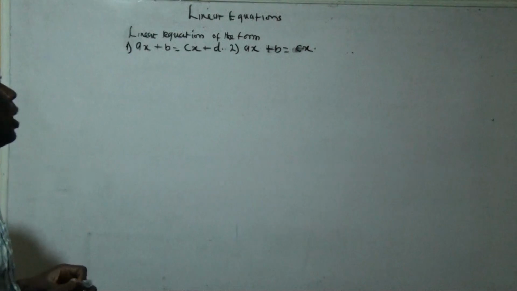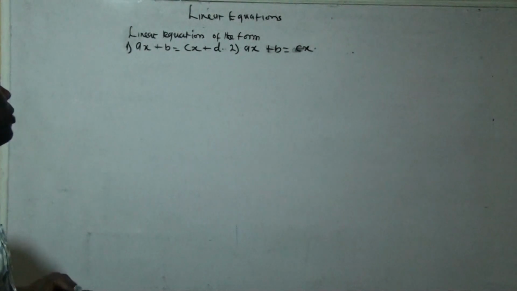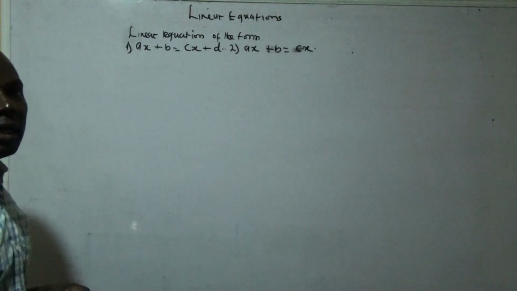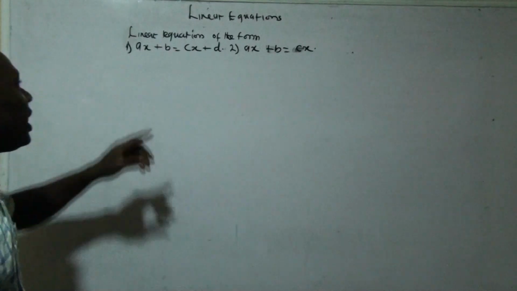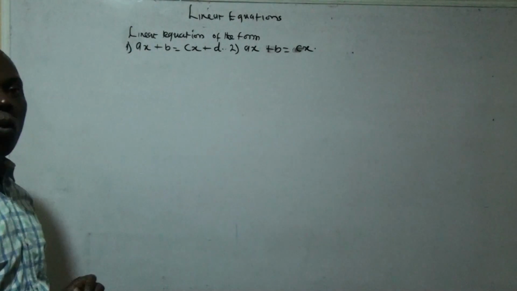So here we'll look at how we resolve this type of linear equation, because we said that an equation is said to be linear if the highest power of the unknown is 1.